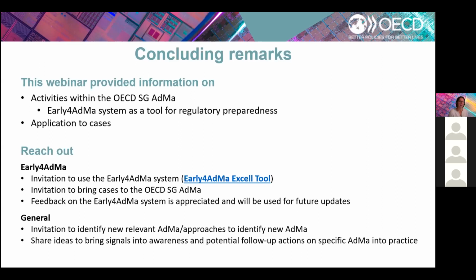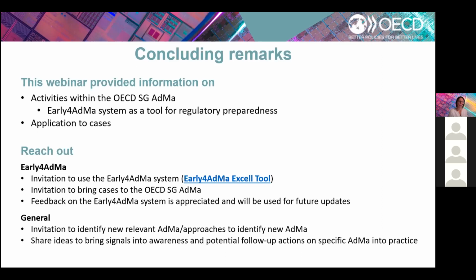And then as a more general reach out, today we presented this Early4AdMa system with especially how to identify safety and sustainability issues and regulatory issues for advanced materials. But part of this Early4AdMa system is also the first step, scanning the field on what new advanced materials are upcoming, and this is still a bit underdeveloped.